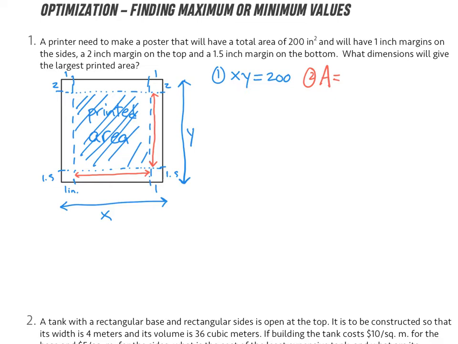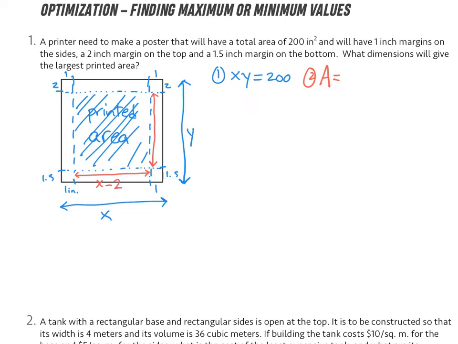If we have already labeled x as the entire base length of the poster, then we can use this one, which is the distance from here to here, and this one, the distance from here to here, to find the length of this red line. This red line is x minus 1 minus 1. That would be x minus 2.